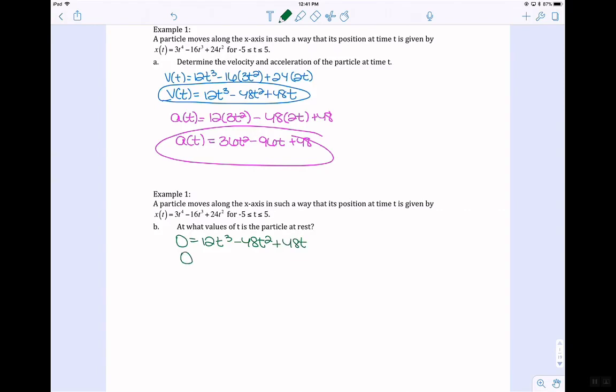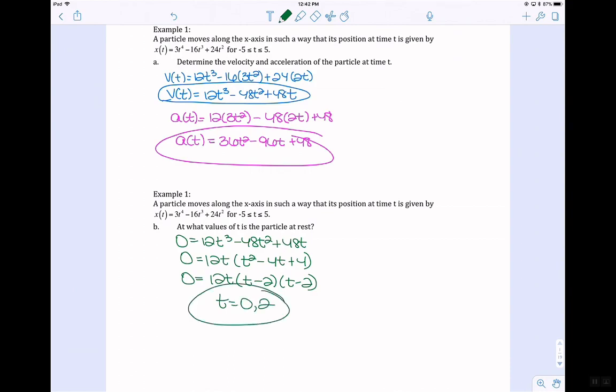And then I'm going to factor out a 12t. So I'm left with t squared minus 4t plus 4. So 0 is equal to 12t, and then this is t minus 2 and t minus 2 is what that factors to. So you get t is equal to 0 and 2 is when the particle is at rest.